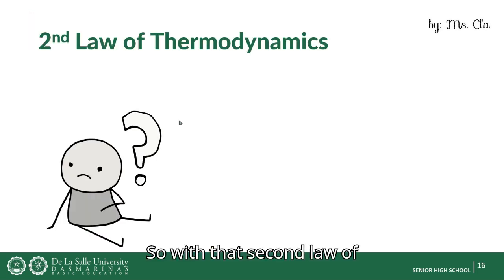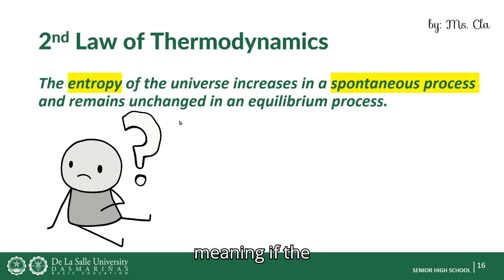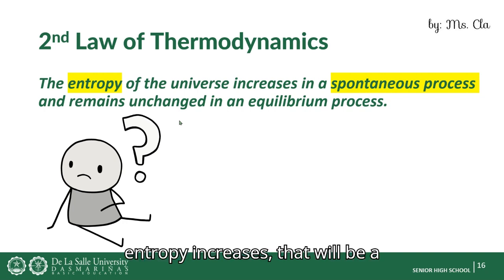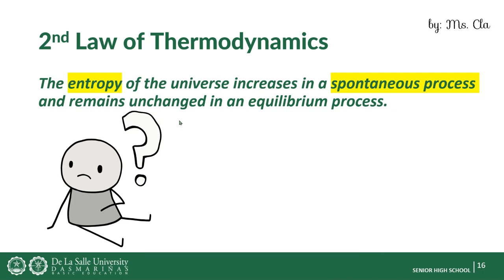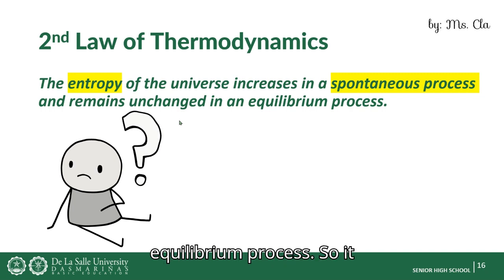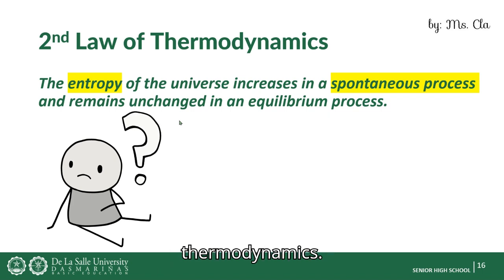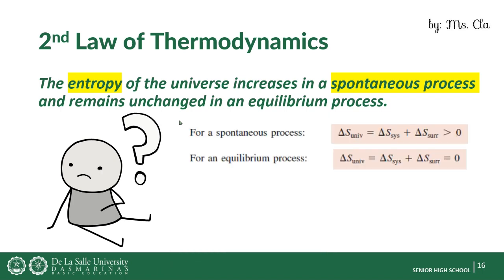So with that, the second law of thermodynamics means that if the entropy increases, that will be a spontaneous process, and it remains unchanged in an equilibrium process. So it is also related to the first law of thermodynamics.